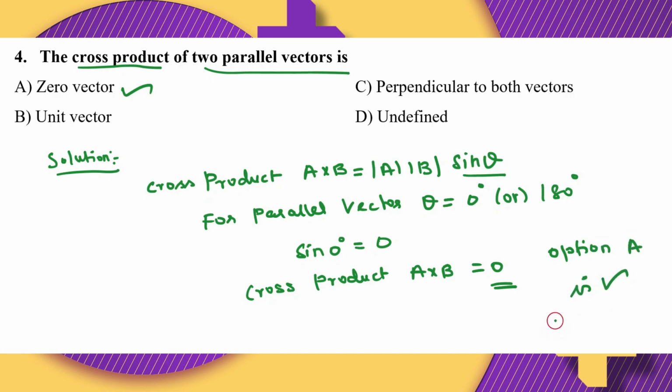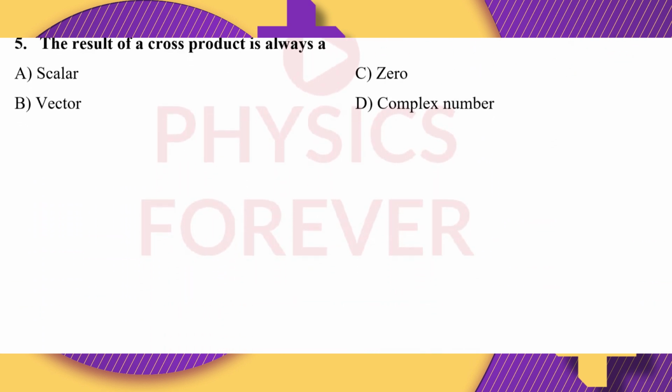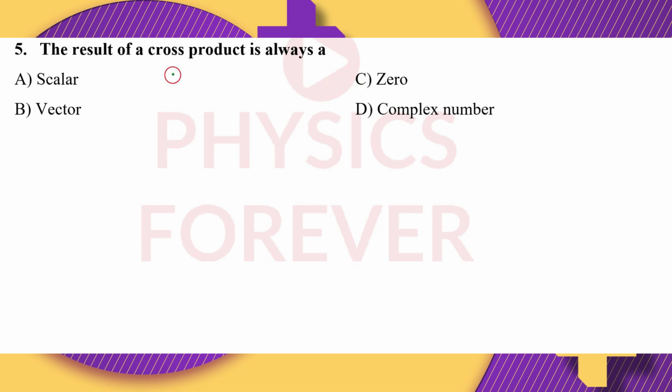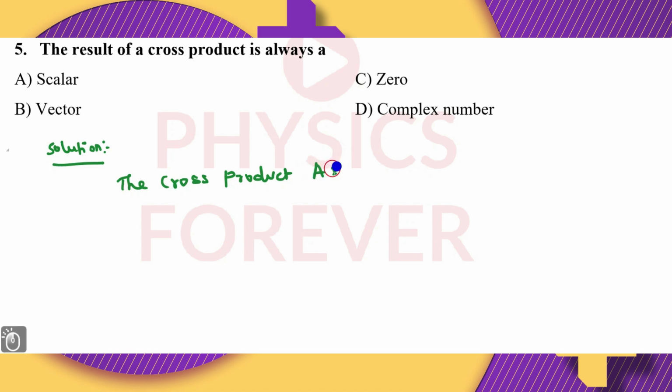Okay, good. So we move on to the next problem. The result of a cross product is always, for A cross B, that is important, a vector.